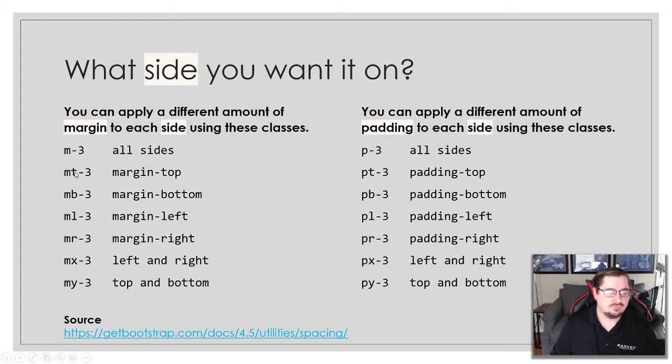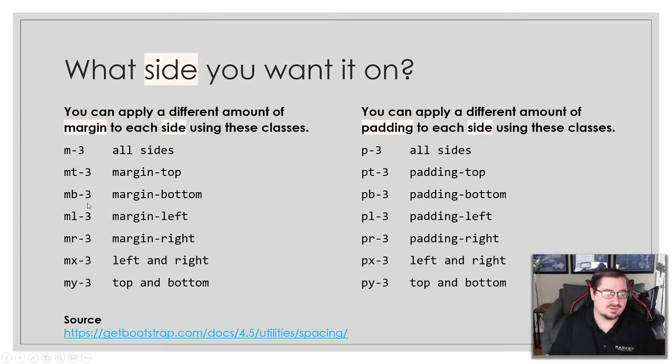We can add an additional letter in there to say which side we want that margin to be on. So for instance, if I just want it on the top, I'm going to write that as MT3. Or if I just want it on the bottom, MB3. Left would be ML3, right would be MR3, or if I want it horizontally, both the left and the right, then I'm going to say MX3, or MY3 would be both sides vertically, the top and the bottom.